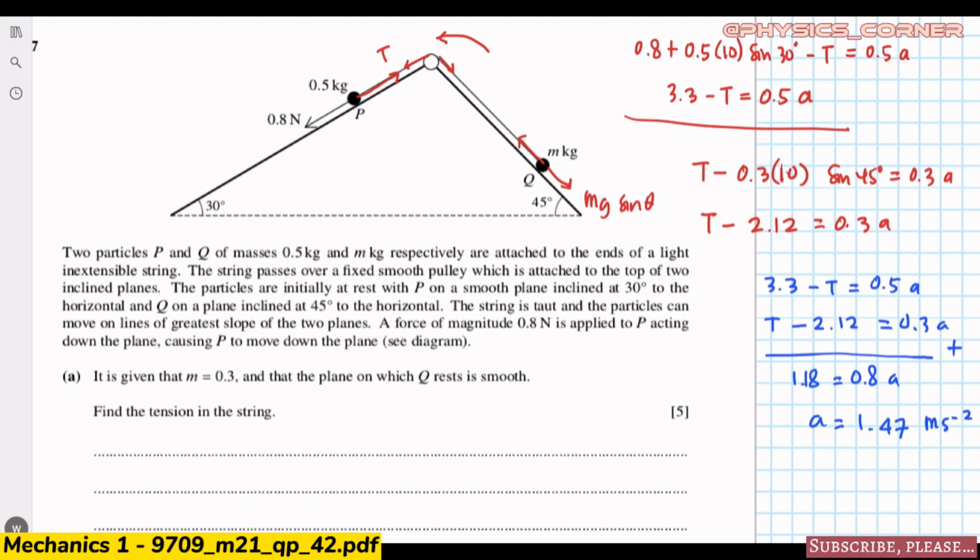And for T, we can use either of these equations.